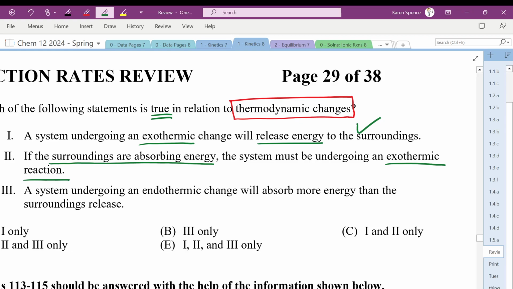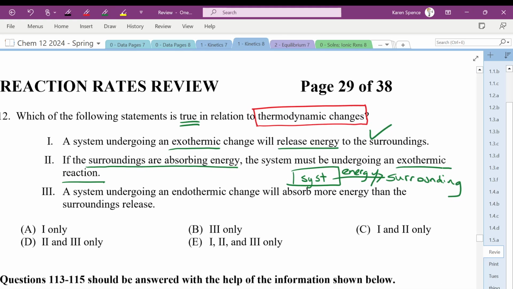Because if the surroundings are absorbing energy, we've got our system and we've got the surroundings, there must be an energy transfer from the system to the surroundings, so that would be an exothermic reaction. So if you were the person asking me this morning, I am sorry, I think I said it wrong. So this would be correct.